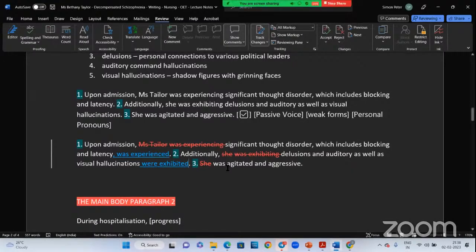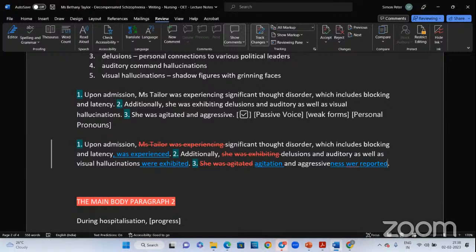She was agitated and aggressive. So this one will come to the last. And there are two things. Agitated will become agitation, and aggressiveness were reported.